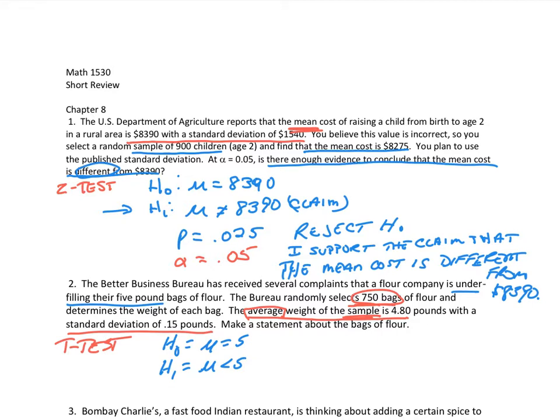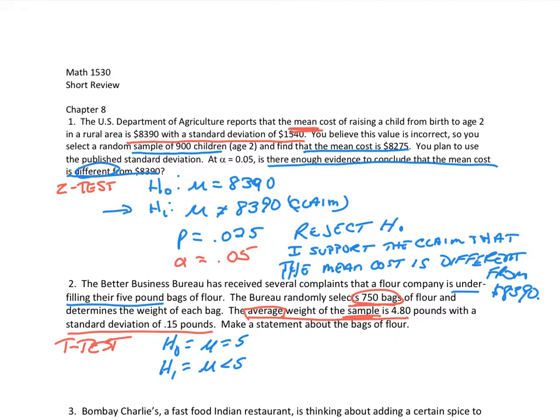So I do my t-test with those hypotheses. So t-test, the mean is the 5. The mean of my sample is 4.8 with a standard deviation of 0.15 and a sample size of 750.